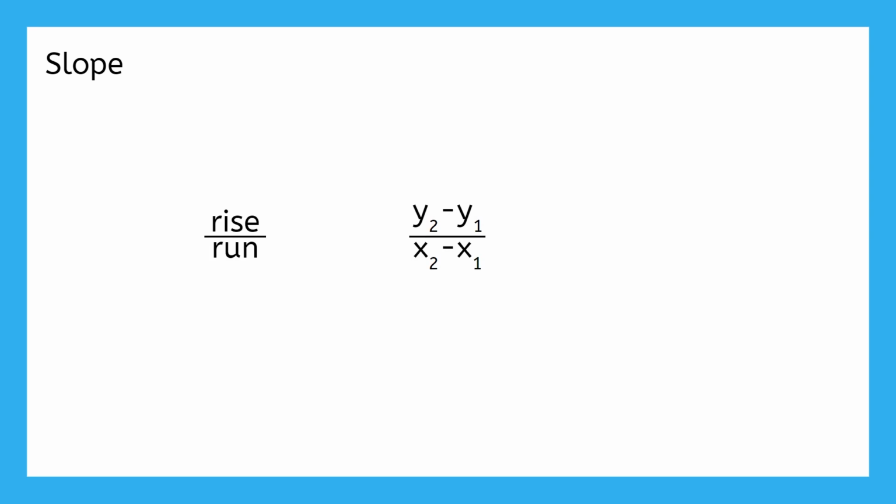My favorite way to think of slope is the change in y over the change in x. Remember that we use this triangle, or delta, as shorthand for change. All of these are correct, and they all work, but some of them will be more efficient than others depending on how you're presented with the information.